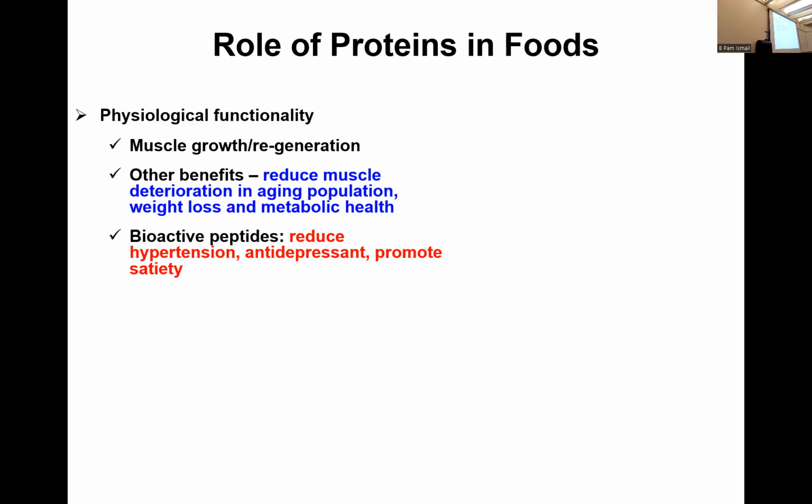And then weight loss, we talked about a high protein diet compared to high fat, high carbohydrate. You have good metabolic health. You have bioactive peptides embedded in the sequence of the protein. When we digest, we can release peptides that can act as antihypertensive, antidepressant, promote satiety, anti-inflammatory. And sometimes we generate the hydrolysate outside of our body to target the production of unique peptides.